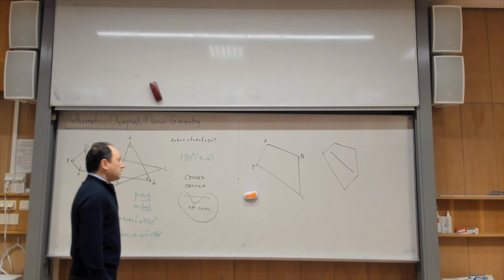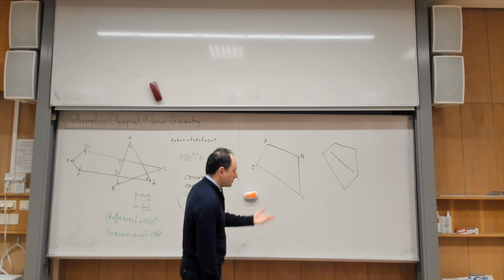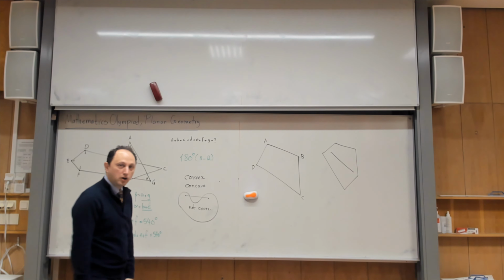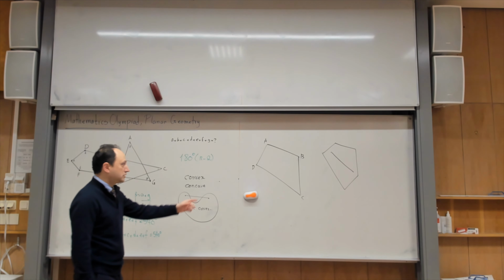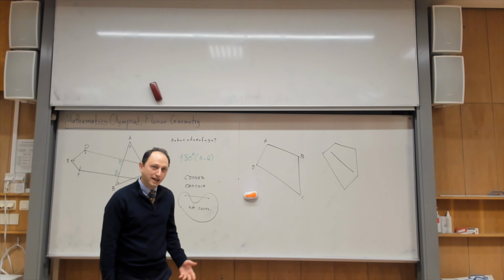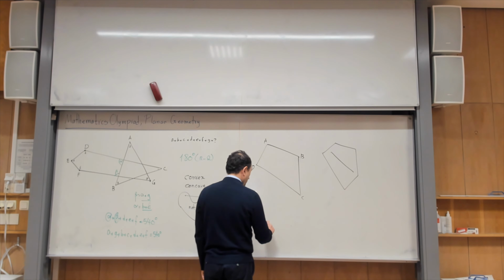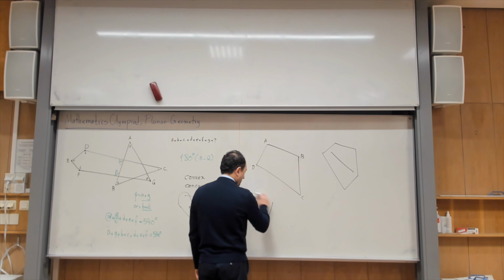Okay? And then we can also think about quadrilaterals, pentagons, n-gons in general, that are not convex. For example, let us consider a non-convex or a concave quadrilateral. So for example, I can have this situation. Let me make it better.